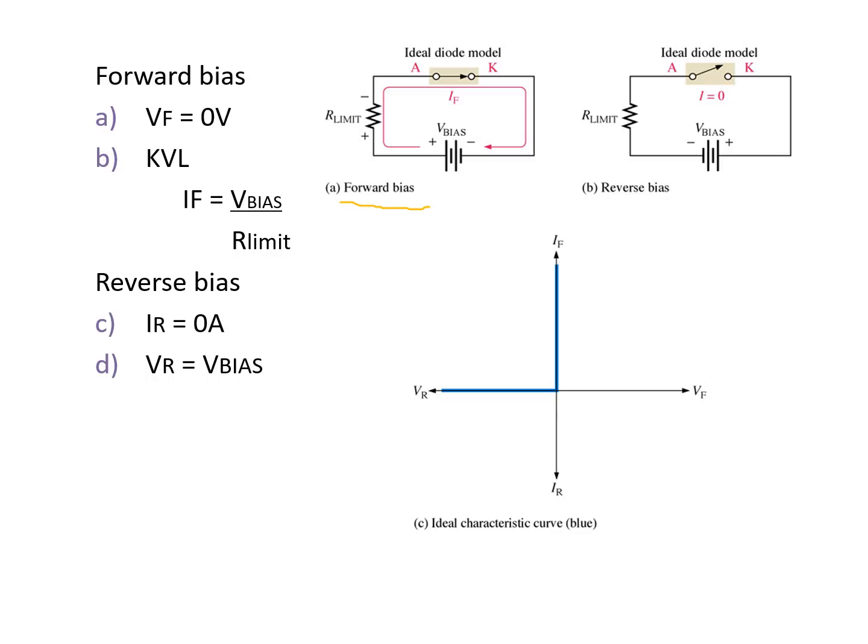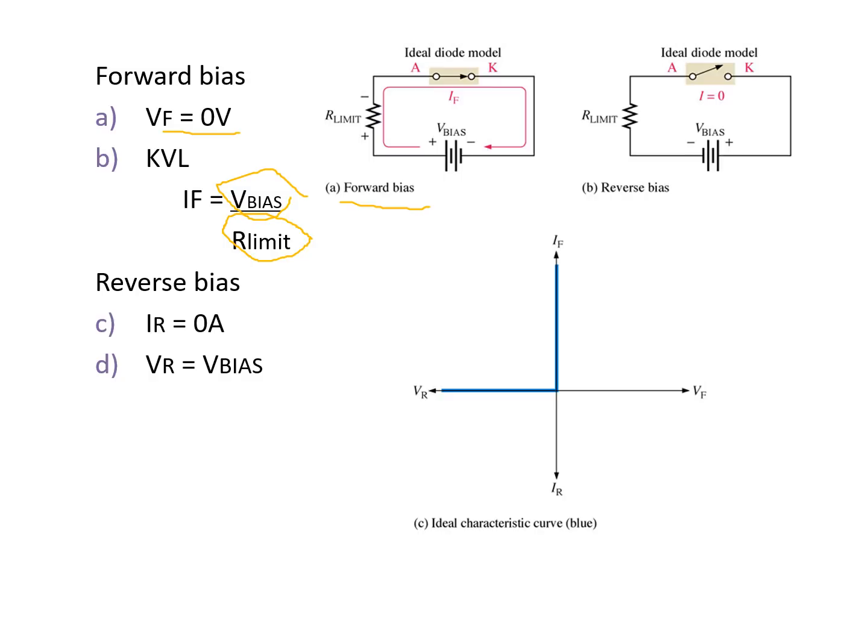The diode is assumed to have zero voltage across it when forward biased, and the forward current is determined by the bias voltage V bias and the limiting resistor R limit using Ohm's law or Kirchhoff's law. So IF equals V bias over R limit.